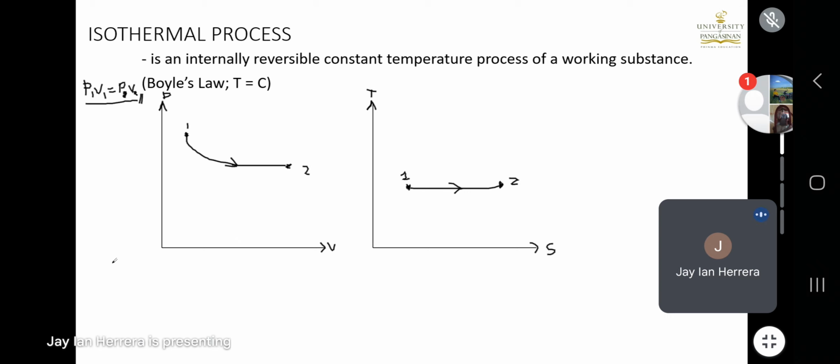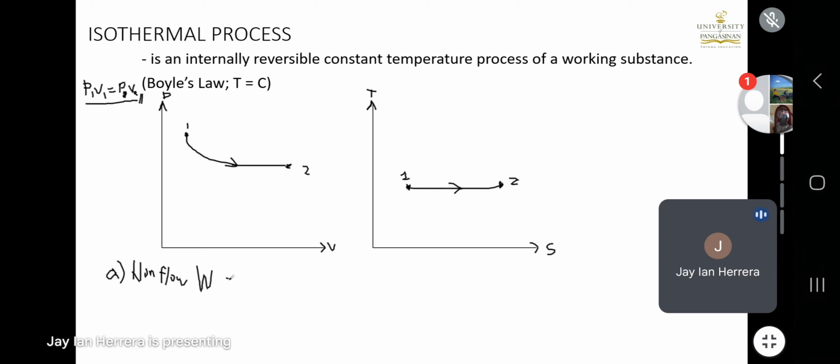So, moving forward, we solve for our work non-flow muna.